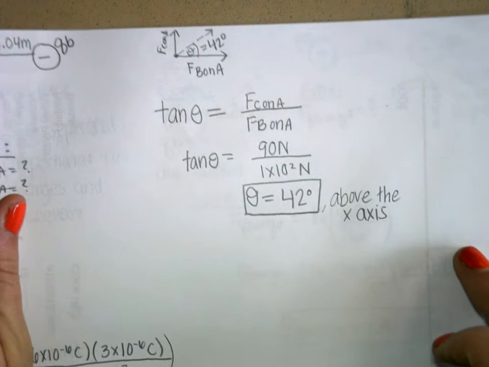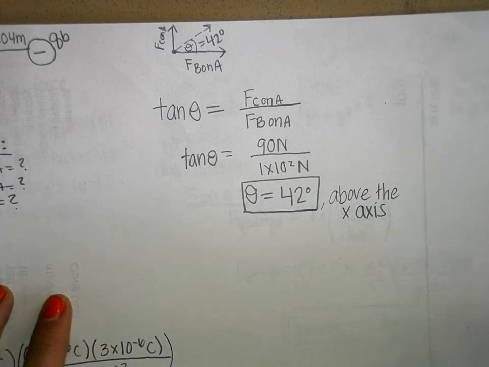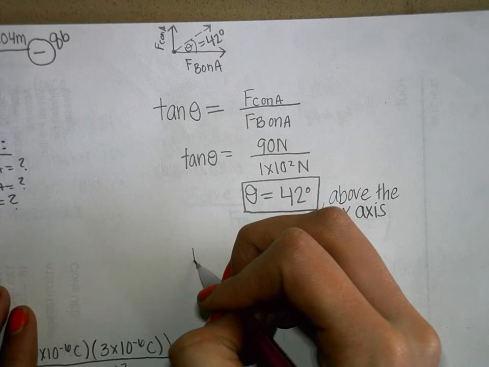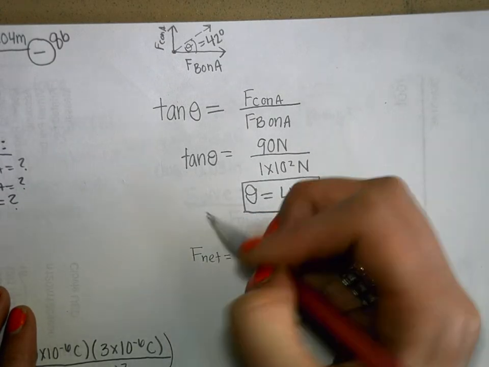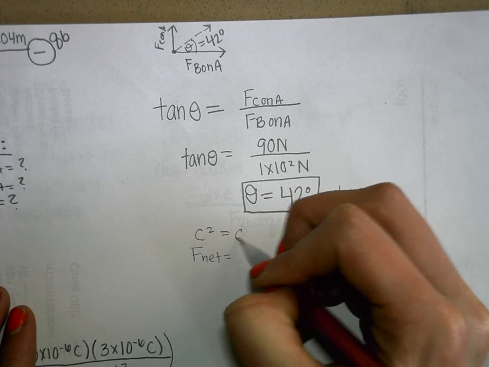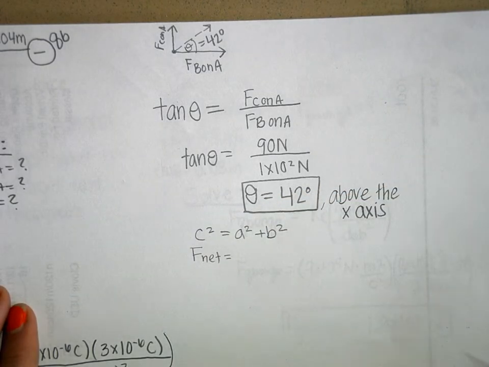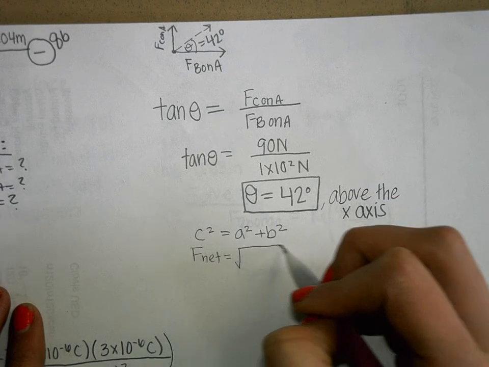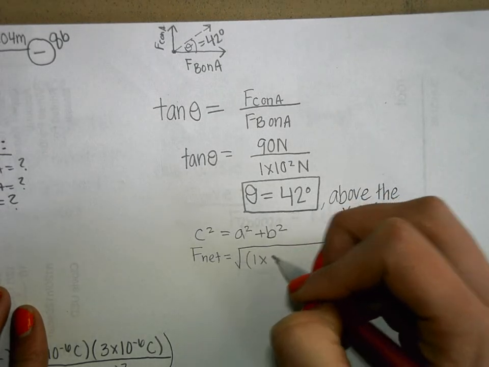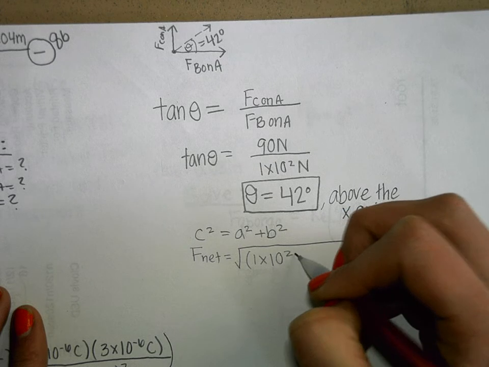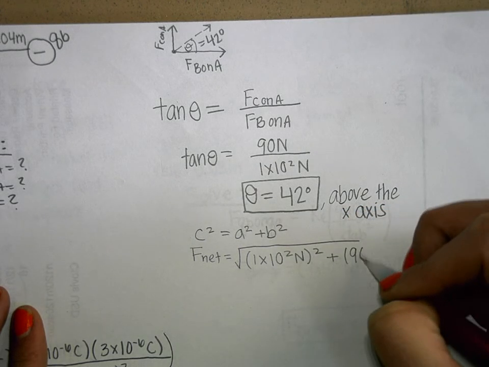So now is the easiest part. We're just going to use the Pythagorean theorem to find the net force. So if you remember, c squared equals a squared plus b squared. So we can say our net force is equal to the square root of 1 times 10 to the second newtons squared plus 90 newtons squared.